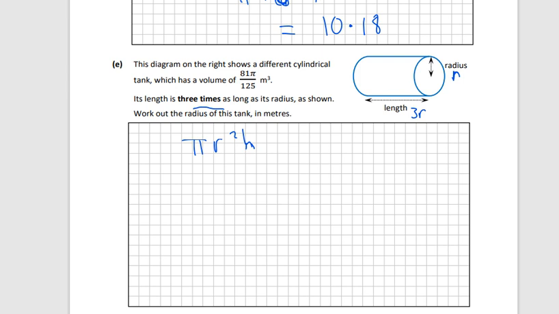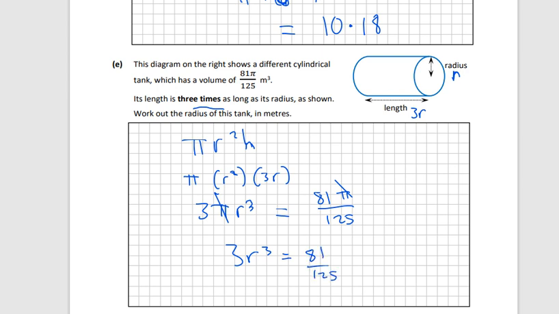Therefore, I'm going to change h into 3r, so it's going to be pi times r squared times 3r. Now that would just be 3 pi r cubed. And we're going to let that be equal to 81 pi over 125. Now the pi's will cancel because they're just being multiplied on both sides. 3r cubed is equal to 81 over 125.